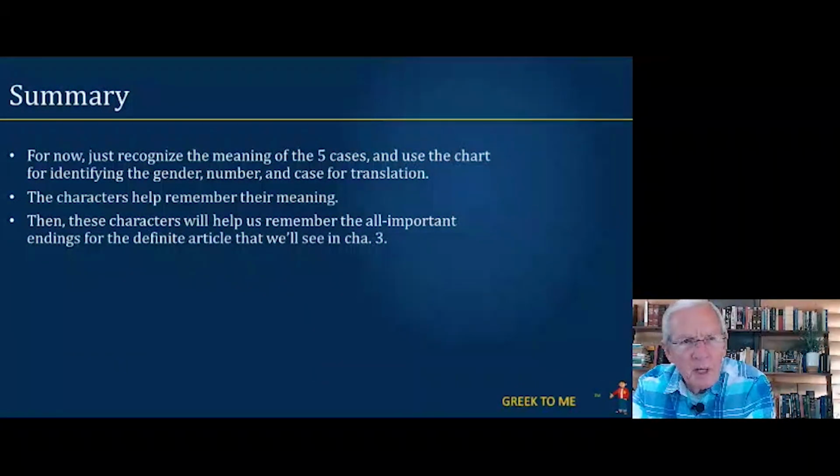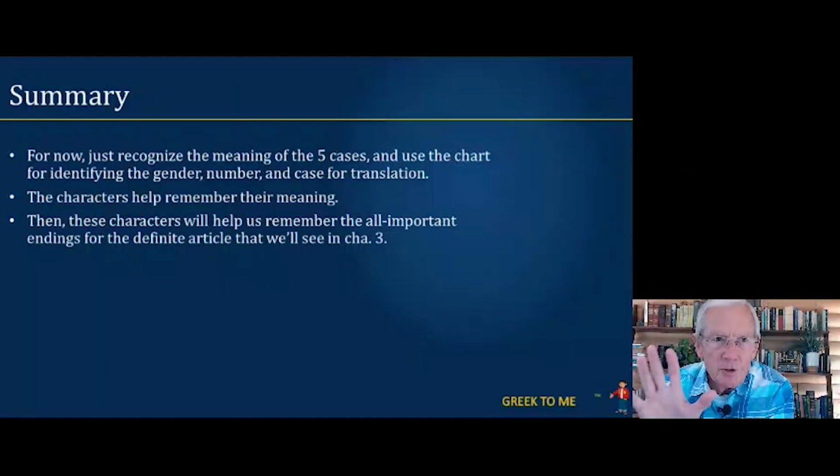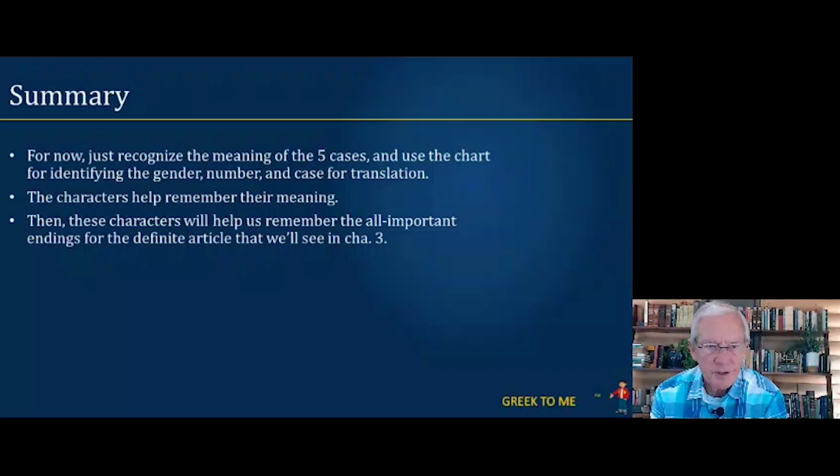Now, by way of summation, for now, just recognize the meaning of the 5 cases and use the chart for identifying the gender, number, and case for translation. The characters help us remember the meaning of the cases. Then, these characters will help us remember the all-important endings for the definite article that we'll see in Chapter 3.